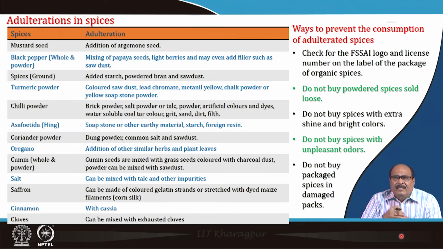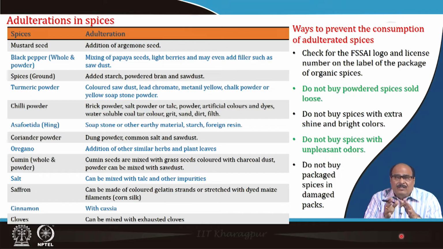Number one, check the FSSAI logo and license number on the label of the package of the spices. Do not buy powdered spices sold loose. Do not buy spices with extra shine and bright color. Do not buy any spices with unpleasant odors, or packaged spices where the packages are damaged.